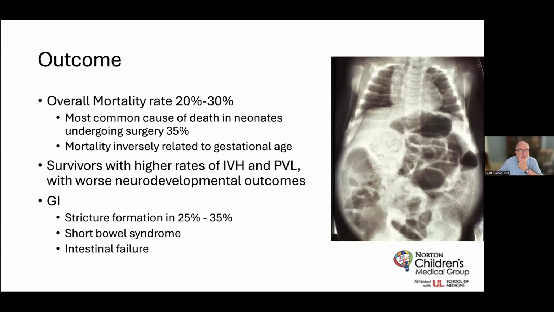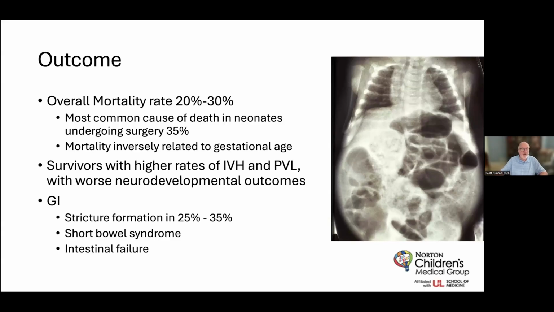Understanding that there's a history of NEC is important, particularly in a child who presents with recurrent or ongoing vomiting, because somewhere between 25 and 35% of these patients will develop some sort of a stricture. They can also develop short bowel syndrome. Short bowel syndrome ultimately is a difficult entity to deal with.